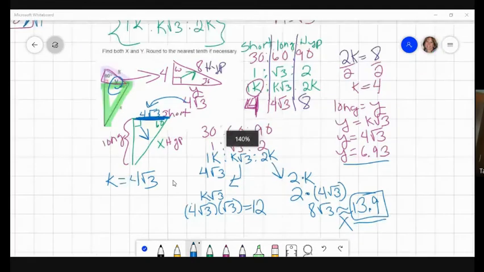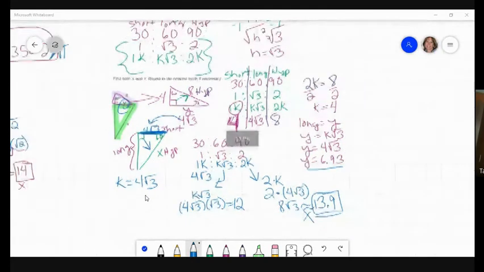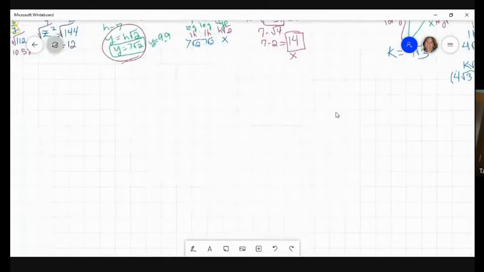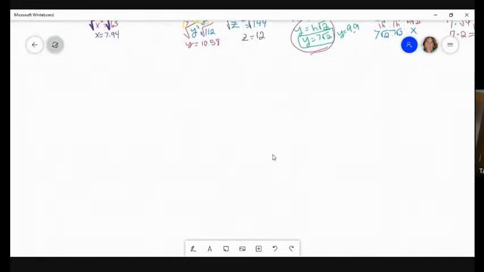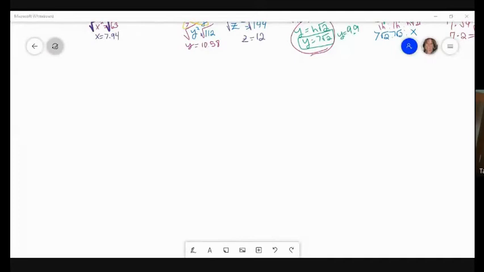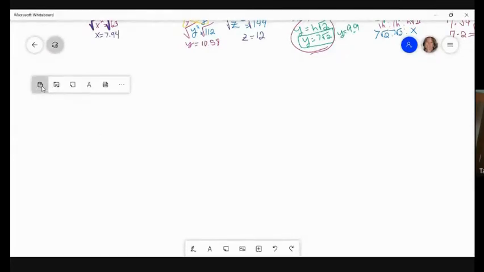I know that seems like it could be a little bit intimidating, but I promise you it's not that bad. All right, so that's the first one. I have to remember that we're doing the different square roots.